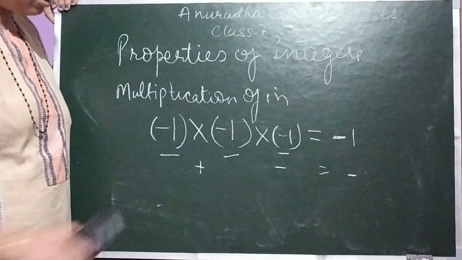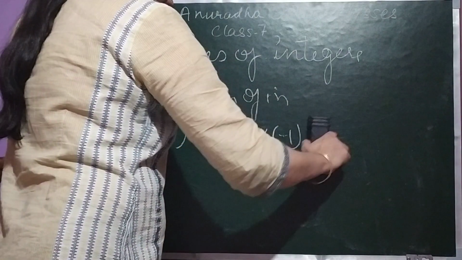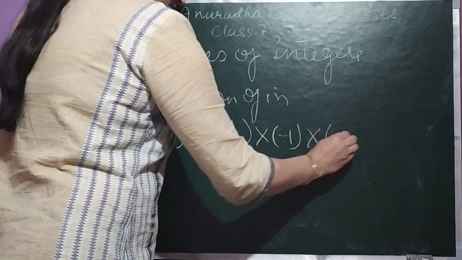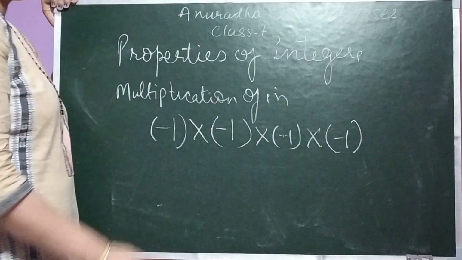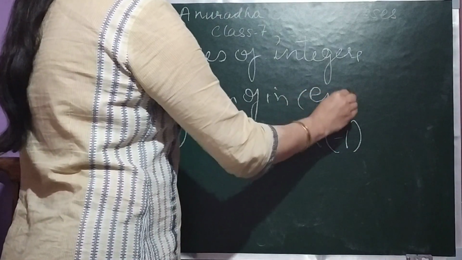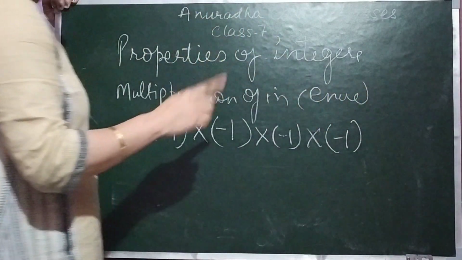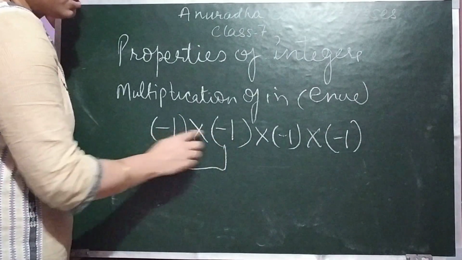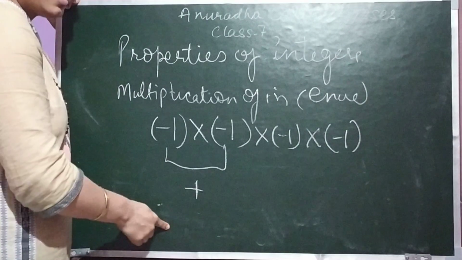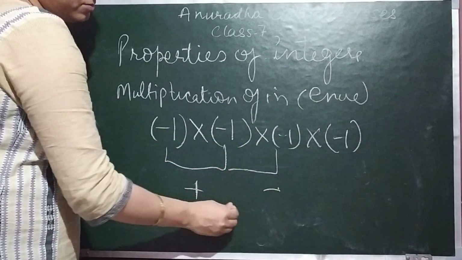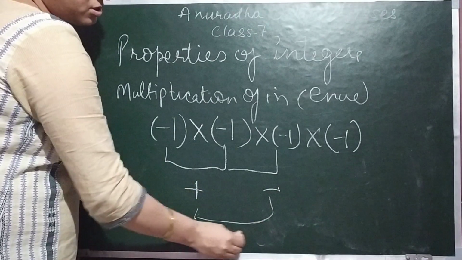And here only, if I change it and multiply one more time, minus 1, then see, 1, 2, 3, 4. Now it is an even number. Even times it is multiplying. That means, see, minus into minus is what? Plus. Now, plus into minus is what?